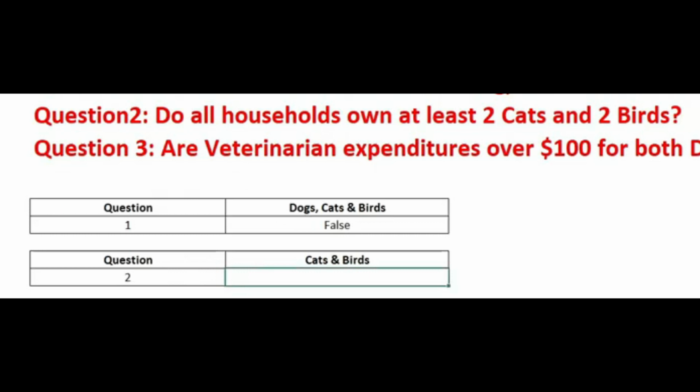Question 2. Do all households own at least 2 cats and 2 birds? Alright, first thing we'll do, equals if and parentheses. We want to know is at least 2 cats and 2 birds.